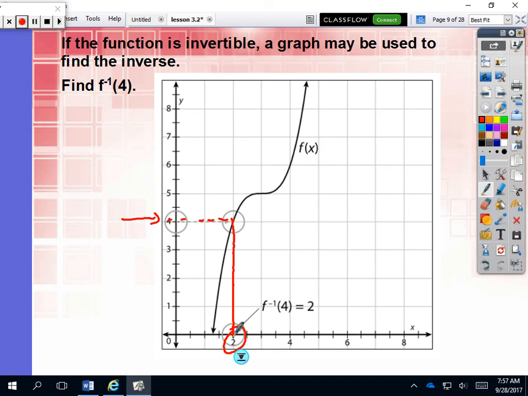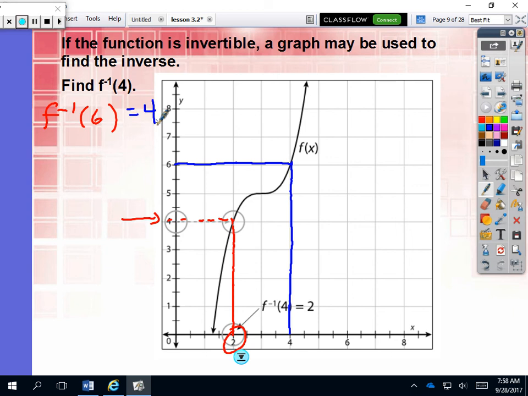So it says to find the f inverse of 6. F inverse of 6. So we start at 6, go to the graph, drop a line down. You don't have to draw it. I'm just showing you visually so you can just follow what I'm doing. So f inverse of 6 equals 4.